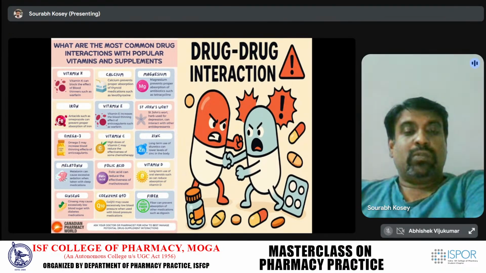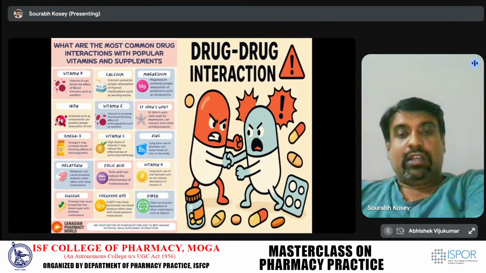Vitamin D: long-term use of oral steroids can reduce absorption of vitamin D. Ginseng may cause excessively low blood sugar with diabetes medications. Coenzyme Q10 may cause excessively low blood pressure when used with blood pressure medications. Fiber can prevent absorption of other medications such as digoxin.